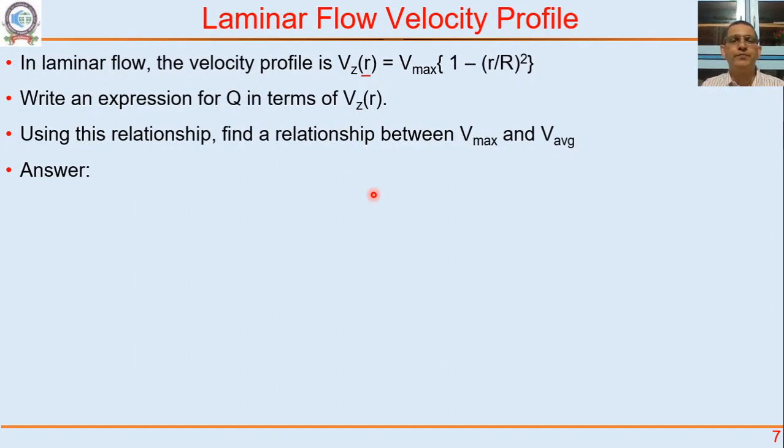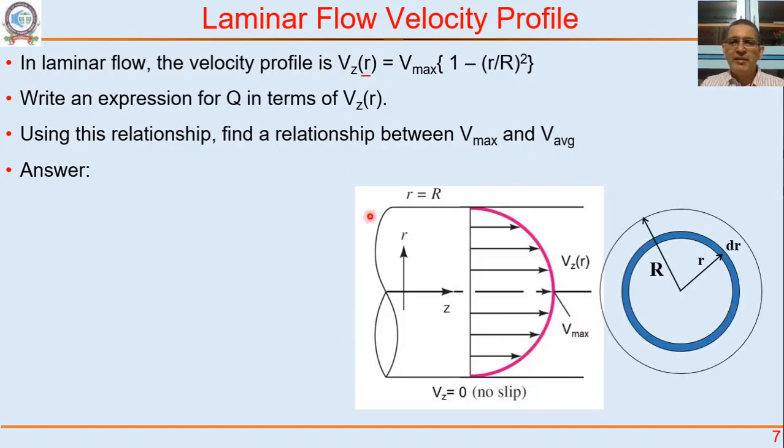Pause the video. Okay, so if you have done that, imagine this pipe again. This is our outer pipe. This is the wall of the pipe. We are taking a differential element at a location r, just like when we did the centrifugal field.